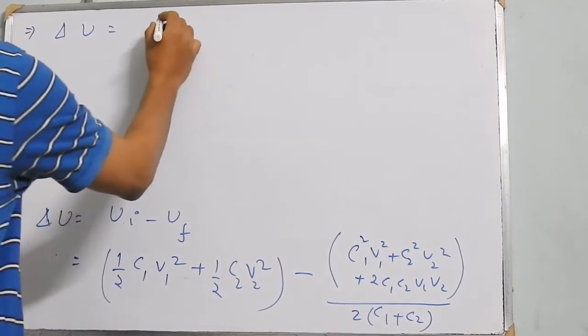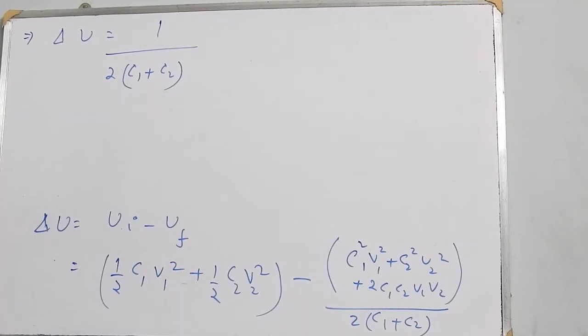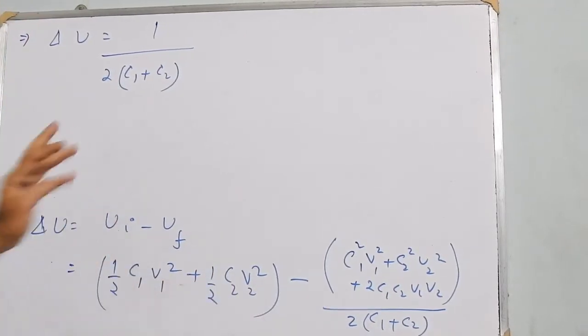The LCM is obviously twice of C1 plus C2, and so C1 plus C2 will be multiplied with the numerator of this one.